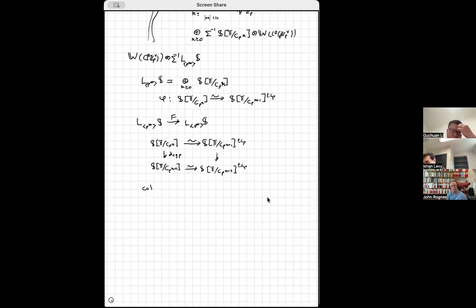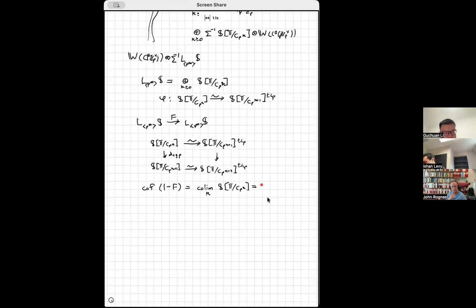And now you can take the cofiber of one minus this map. What you can see is that the underlying spectrum of that is the filtered colimit over k of the degree p maps on this circle. But we're working p-adically, and so the filtered colimit of these degree p maps is just the sphere, because p-adically you're not allowed to rationalize without just becoming zero.